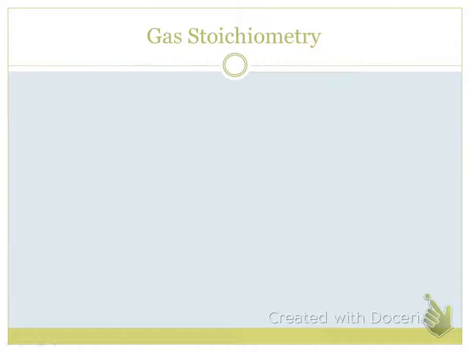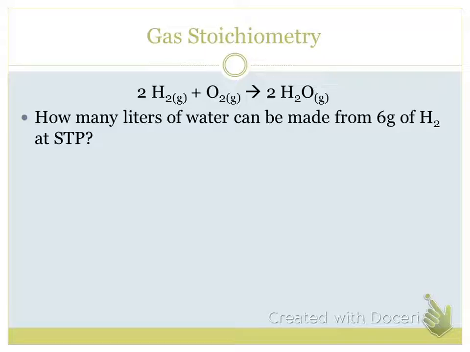Let's try this next one. There's our balanced equation. We want to find out how many liters of water can be made from 6 grams of H2.